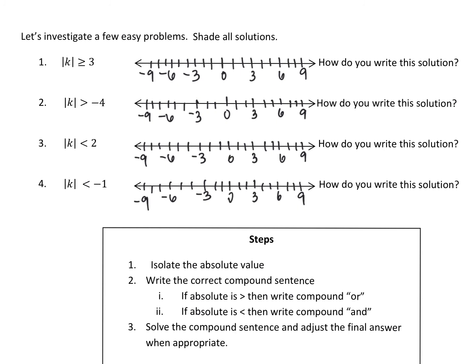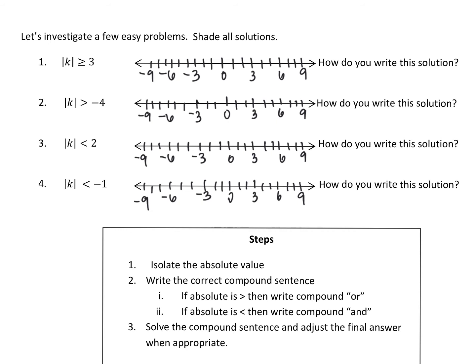All right, so we're going to investigate a little bit of absolute value inequalities now. Remember that absolute value is a number's distance from 0. So when we have an equal sign, they need to be exactly that distance from 0. But inequalities are a range of numbers less than 3 away from 0, greater than 3 away from 0.